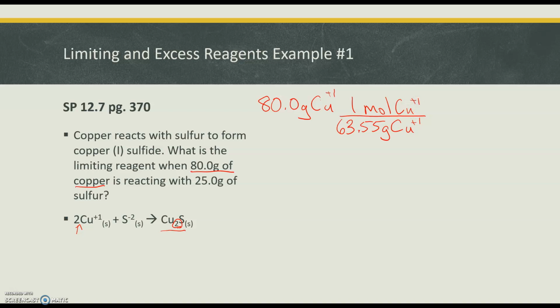We want to compare our moles of copper to our moles of copper 1 sulfide. We use our molar ratio, 2 moles copper to 1 mole of copper 2 sulfide.